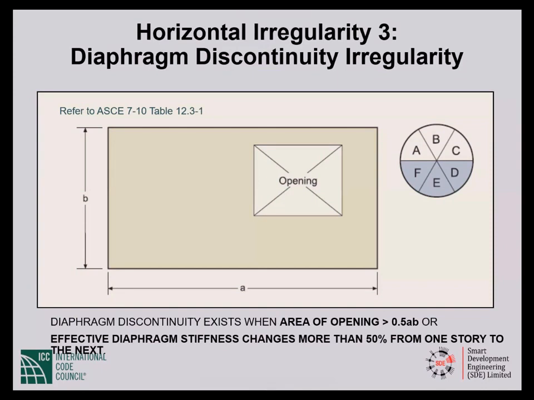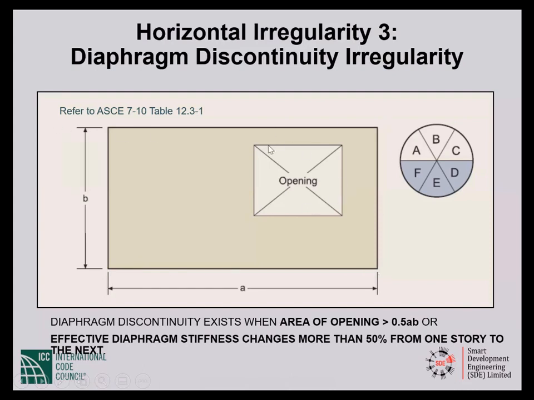Horizontal type 3, diaphragm discontinuity irregularity. Diaphragm discontinuity exists when the area of opening in the diaphragm is larger than 50% of A times B, the diaphragm area.